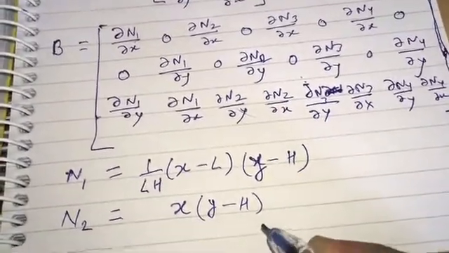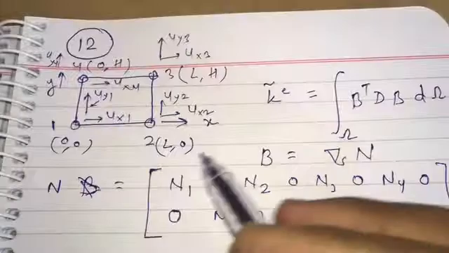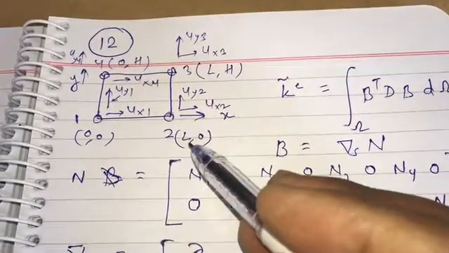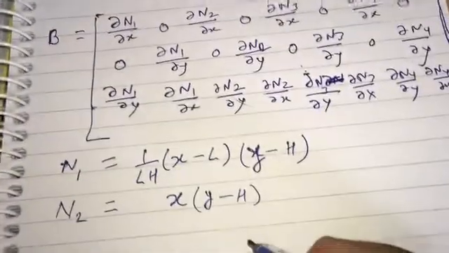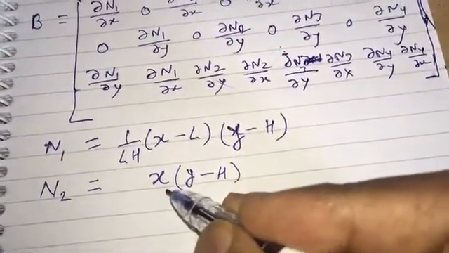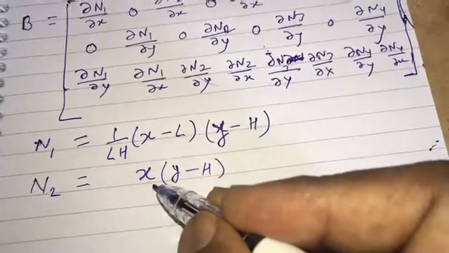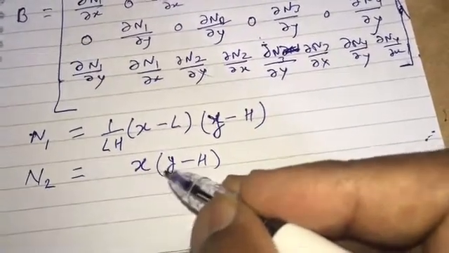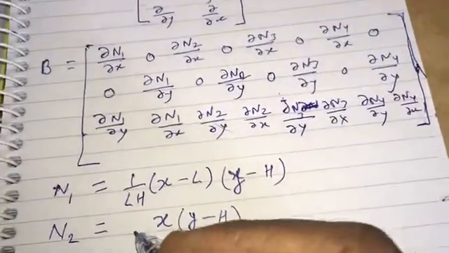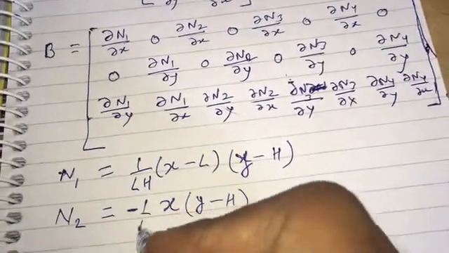You put the value again: at node 2, N2 has to be 1 and (x, y) is (L, 0). So you put x equal to L, y equal to 0, and we get minus LH, hence we get minus 1 over LH.